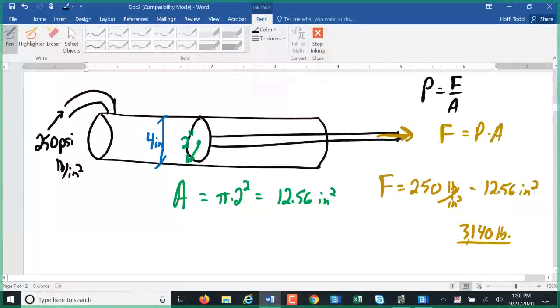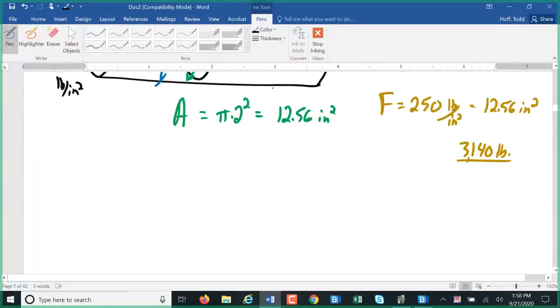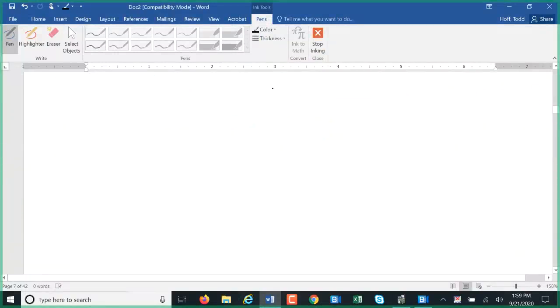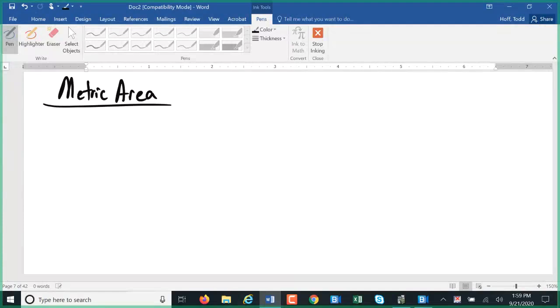Well, the one thing we have not talked about yet is metric units of area. We're not going to talk about metric land area. The unit of metric land area is actually something called an R. An R is 10 square meters by 10 square meters.